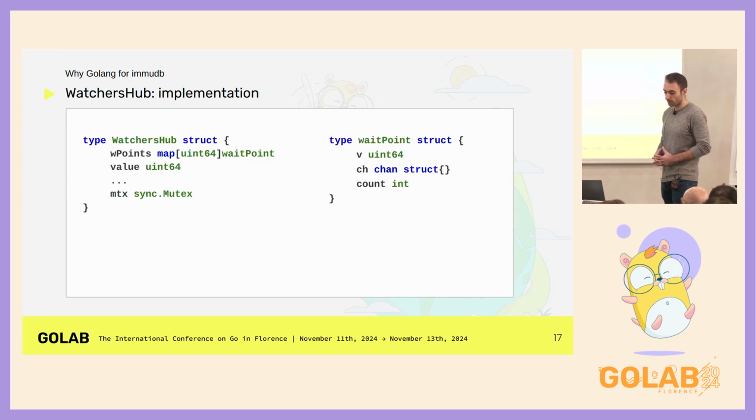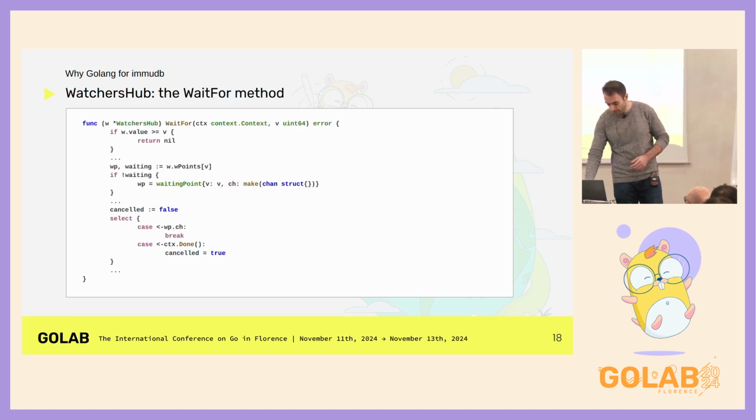So how did we use channels here? A watcher's hub is just a map, apart from the value. This map associates to each possible value that you may want to wait for a wait point object, which is just a wrapper over a channel and a couple more fields that are not actually useful for our purposes.